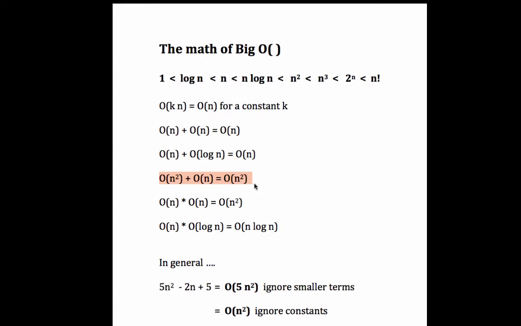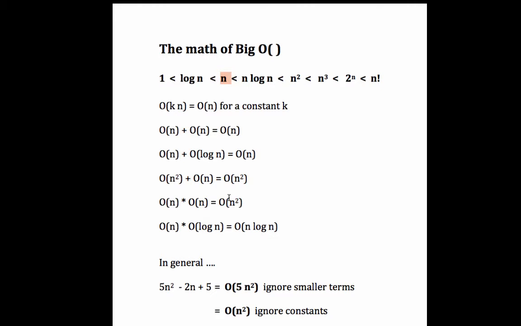Same thing here. Let's say that you call a method and you decide that that method is better described using n squared, and then you call a second method that is O(n). If you were to call the two methods in a row, sequentially, what will be the efficiency of those two? Again, the dominant factor is n squared, because n squared means that it will take longer than n.